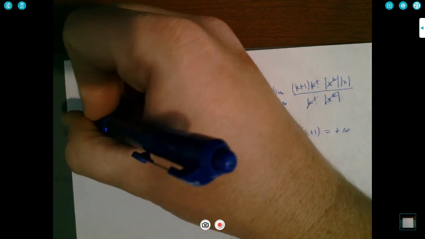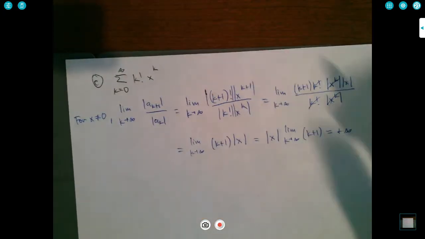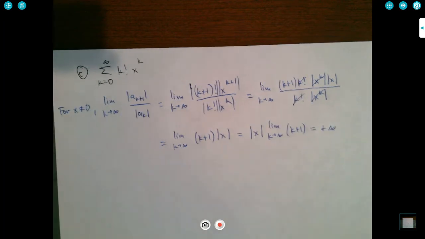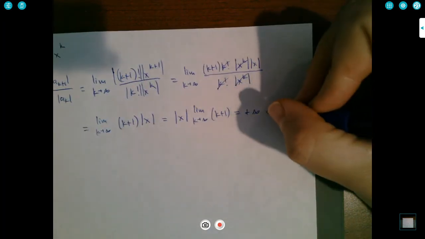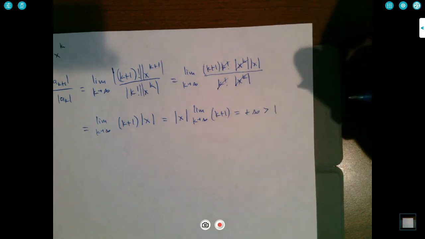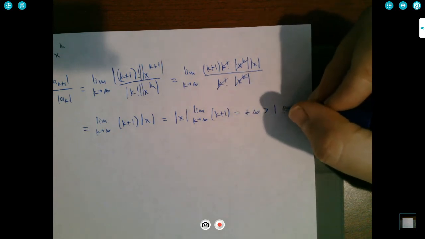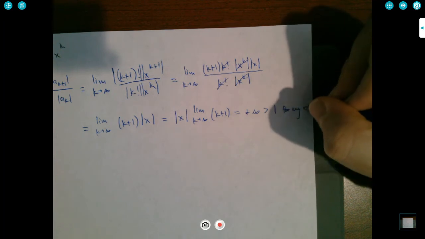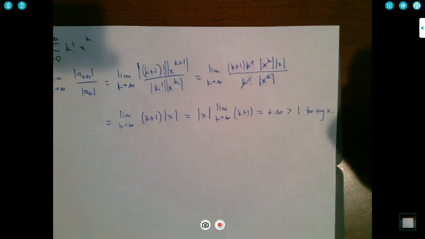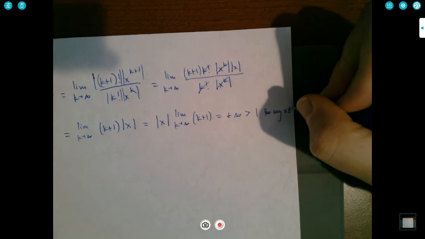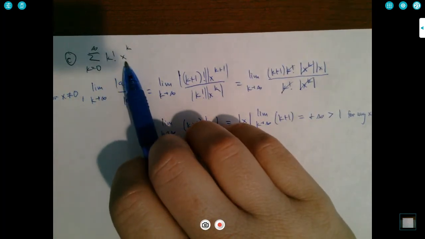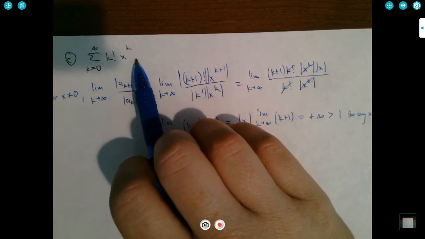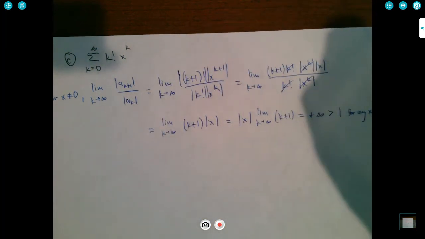So I should have said for x not equal to 0, this stuff holds. So this is always greater than 1, obviously, for any x not equal to 0. Now, if x equals 0, then this is just 0 plus 0 plus 0, so it's going to converge to 0.